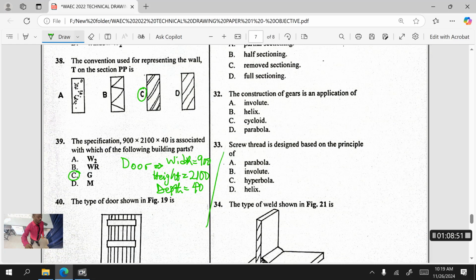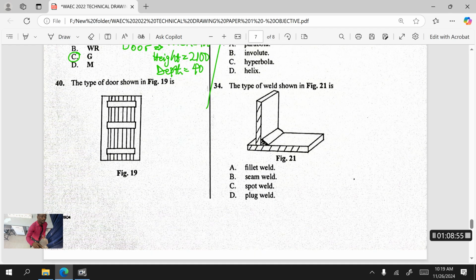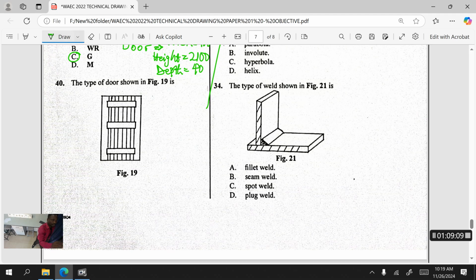Okay, so we'll go to number 40. The type of door shown in figure 19 is, so let's look at this door. Before you even look at the options, you will see that these are different planks joined together like this.